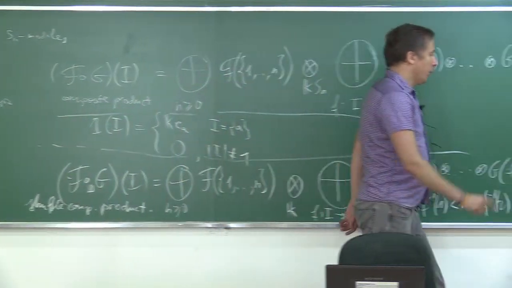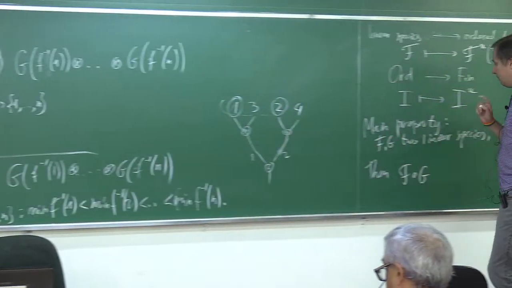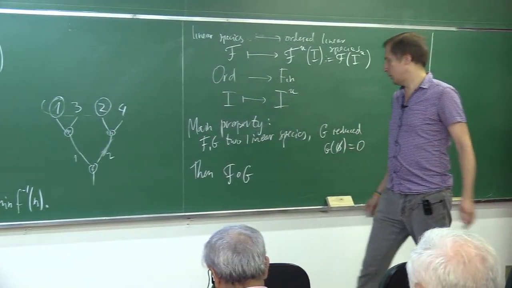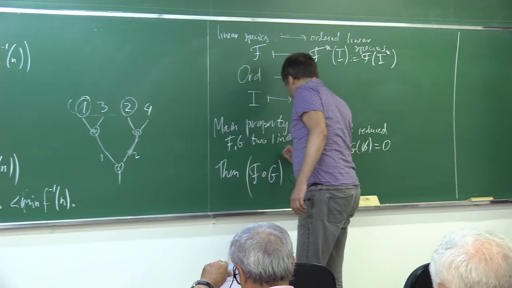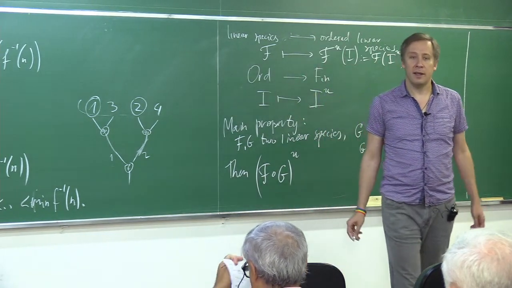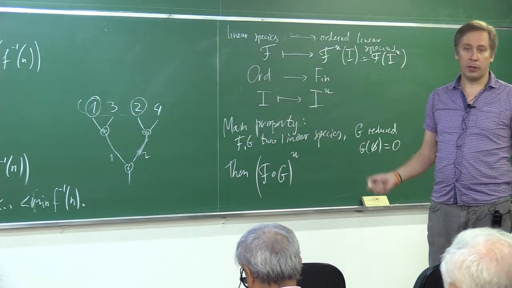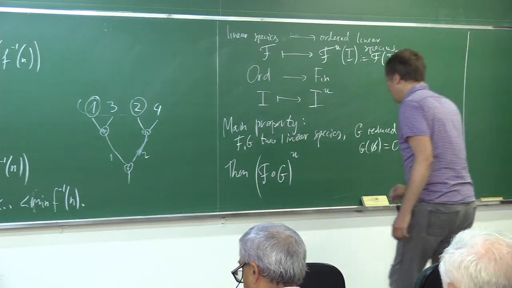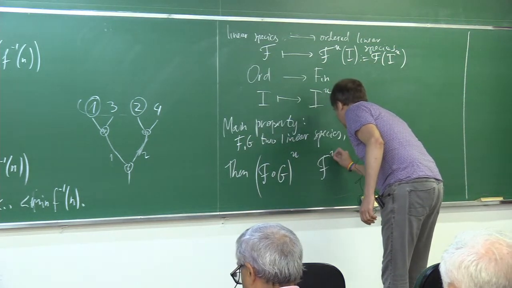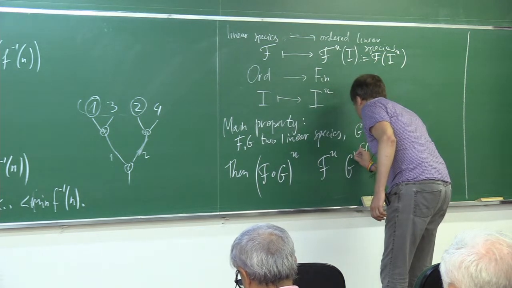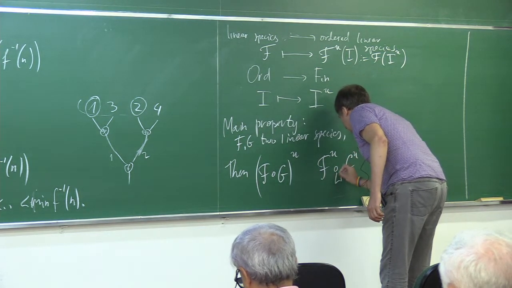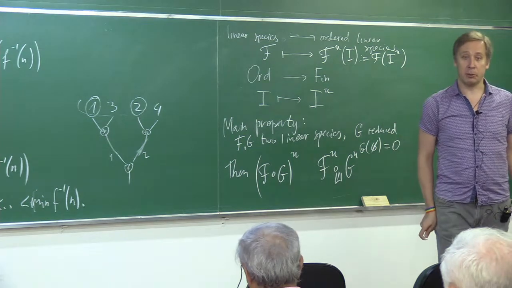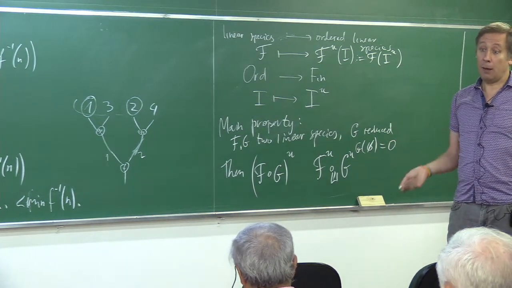So you can take the composite product of F and G, two linear species, and then you can get the symmetries, you get an operad of two linear species. Or you can first get the symmetries and take the shuffle composite. So you can do two different things.